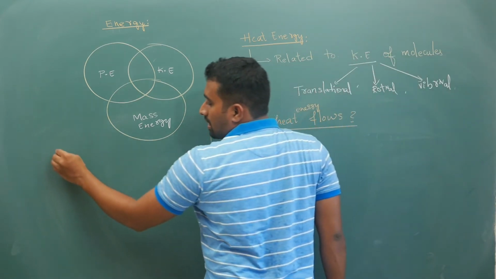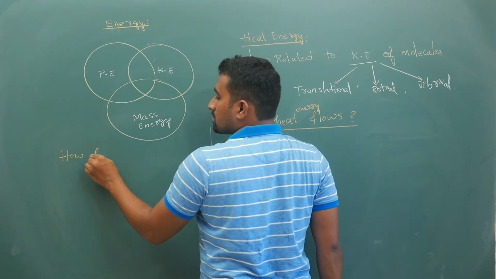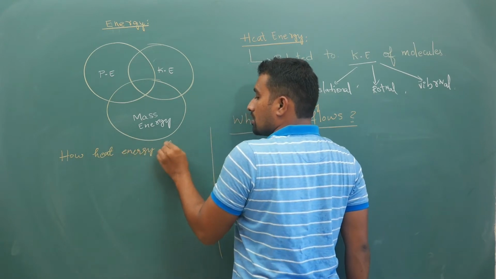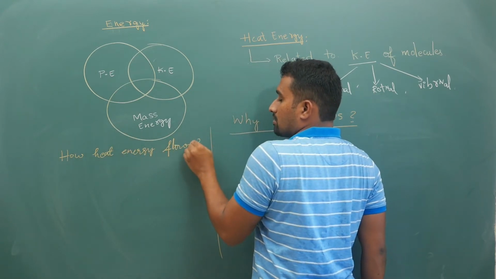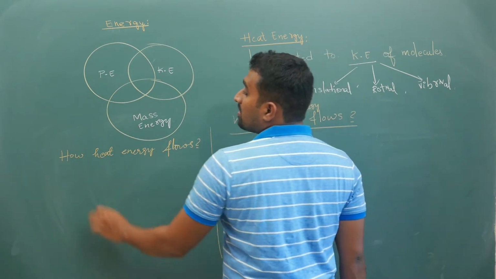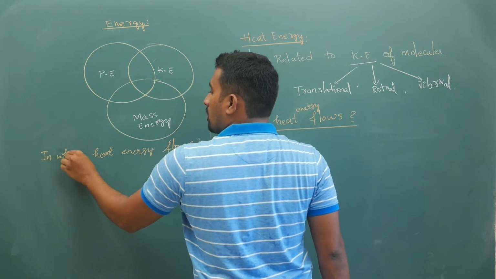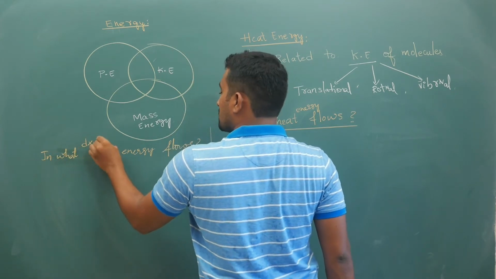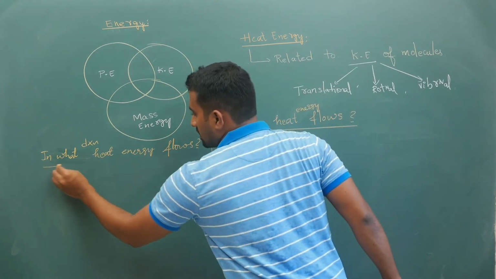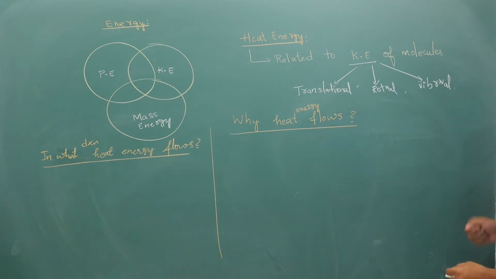The second is from where to where heat energy flows, that is, in which direction heat energy flows. To understand this, you need to understand one more important idea. I will tell you now.